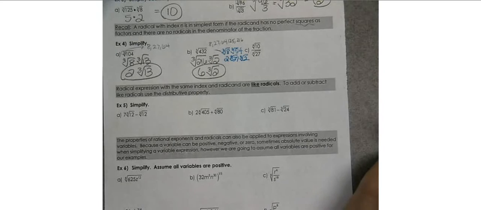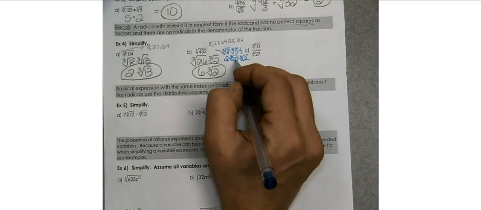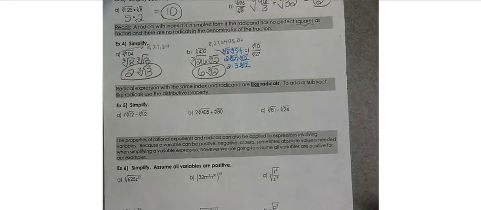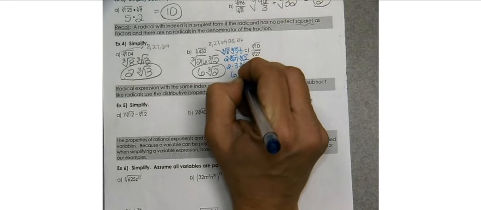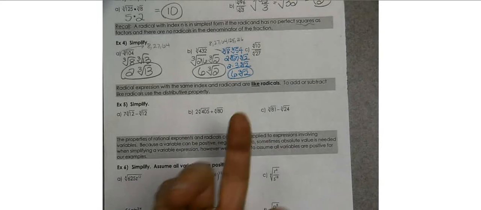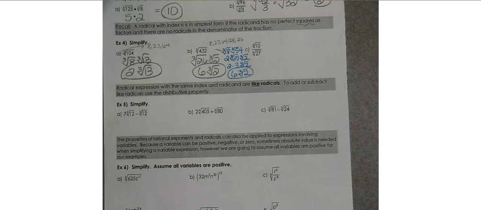So I can break 54 down into 27 and 2, the cube root of 27 and the cube root of 2. The cube root of 27 is 3, and we're left with that cube root of 2. So notice, even if you don't find the biggest power that goes into the radicand, we can still get that final answer, okay? So let's talk about letter C. We have the 4th root of 10 over the 4th root of 27.